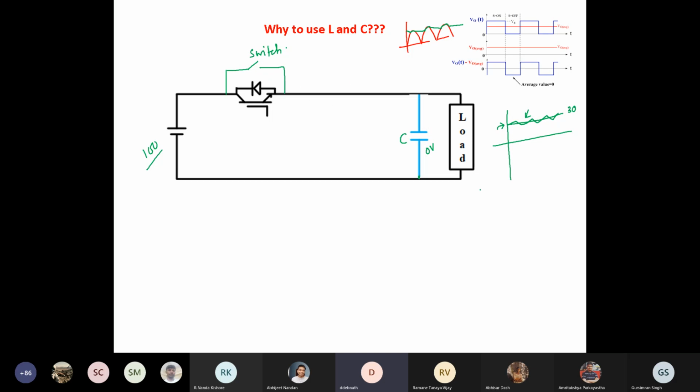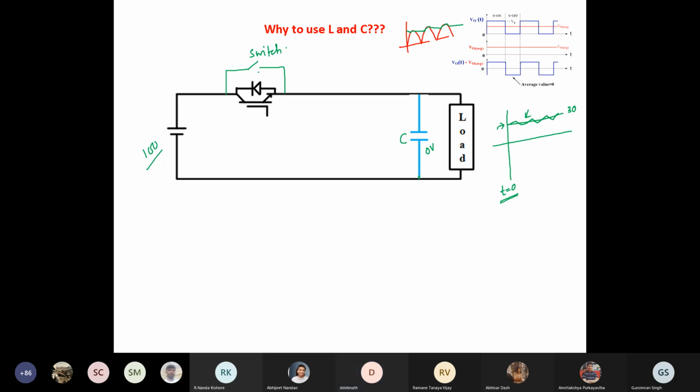I'll turn on at t equal to 0. Maybe last night I had a good sleep, then in the morning at 10 a.m. I'm going to start working on this solution. By that time, my capacitor is fully discharged. It is 0 volt. It is 100 volt. As soon as you turn the switch on, two voltage sources are coming in parallel. And what will be the problem?